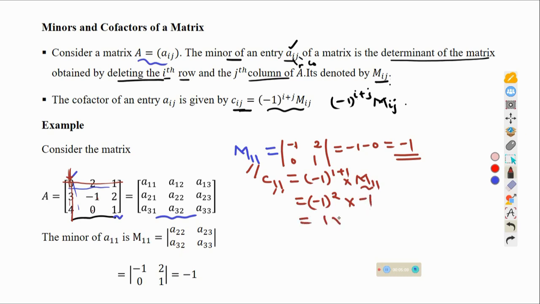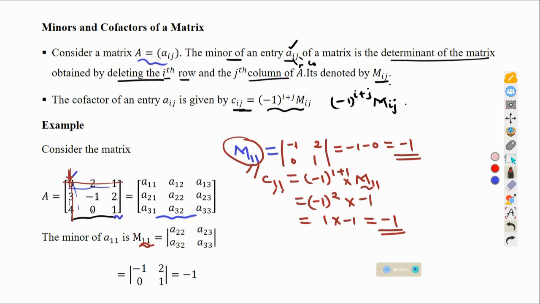This will be 1 times negative 1, and this will remain as negative 1. So this is the minor of an element in the first row, first column, and you obtain it by deleting the first row, first column. So what we shall get will be the minor 1, 1.